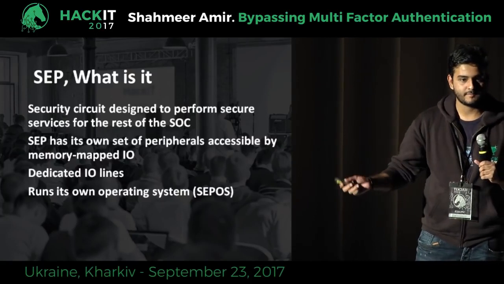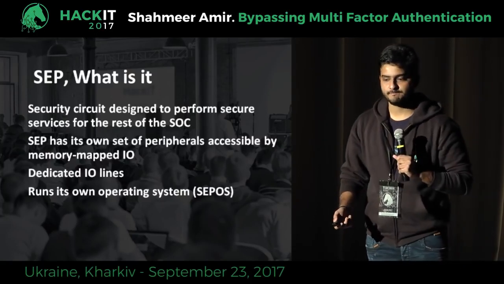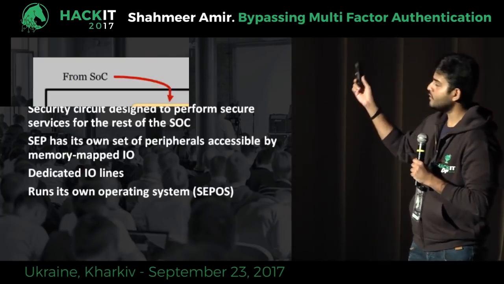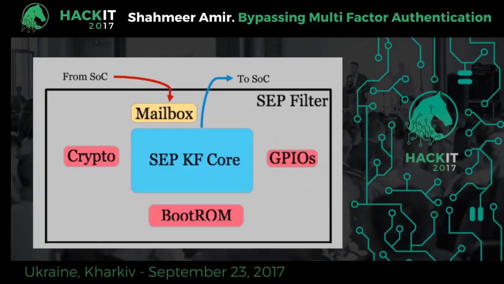It's a standalone device within another device, actually. This is its basic core infrastructure. This is the SEP-KF core. That's the boot ROM. We have the crypto core. And this is basically the hierarchical structure of how the SEP works.